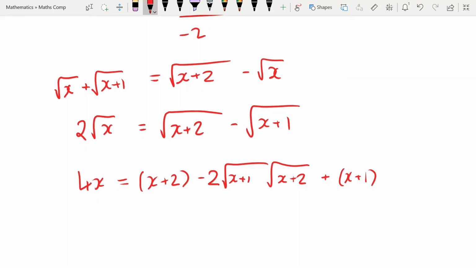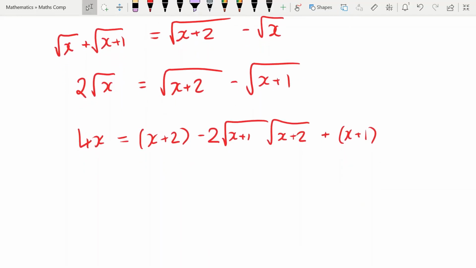Nice. Moving terms over, we then get on the left hand side 2x minus 3, and this is equivalent to minus 2 root x plus 1 root x plus 2.